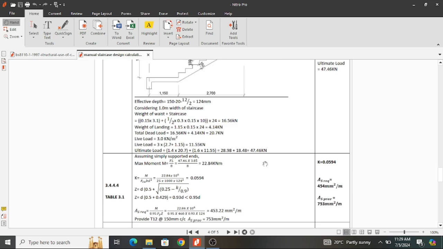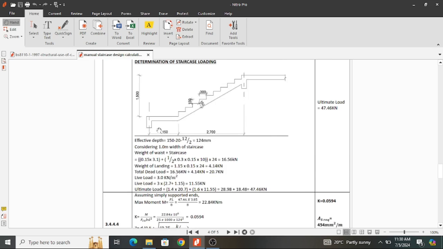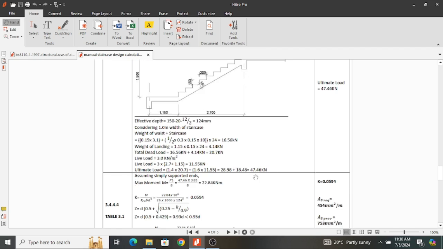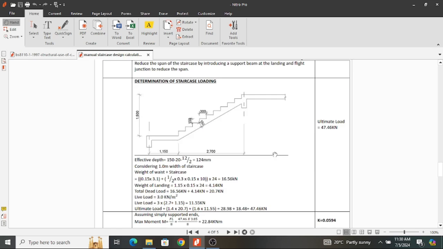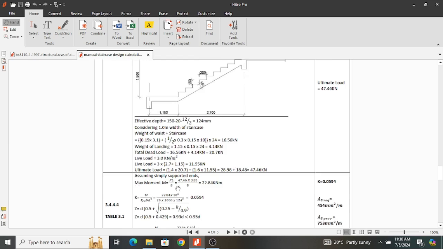You get an ultimate load of 47.46 kilonewtons, and you can see reducing my span helps me reduce the total loading from this landing and helps me reduce the total span. Therefore, my ultimate loading is way lesser. And in all the considerations we made, this was the most economical, introducing a beam at that section.